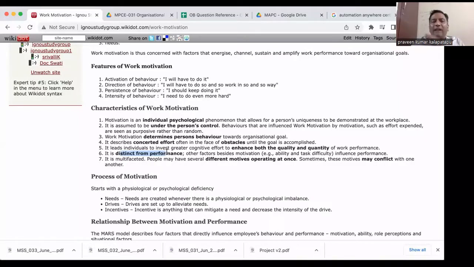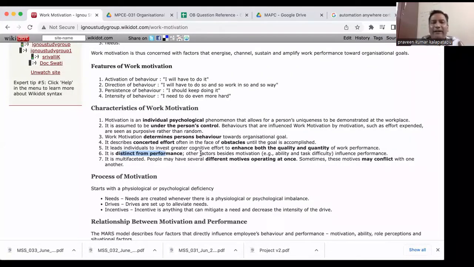Performance and motivation are not the same, because performance has other factors. You need to have skill to do it. It's not that I'm motivated to climb Mount Everest, but I can't do it. I don't have the skill to do that, right? So performance is different from motivation.